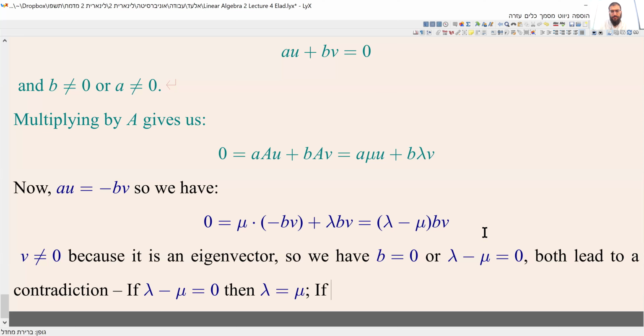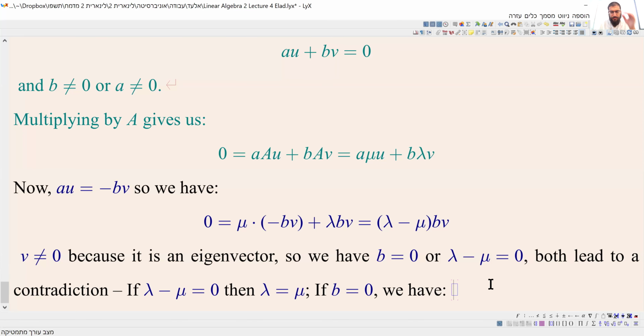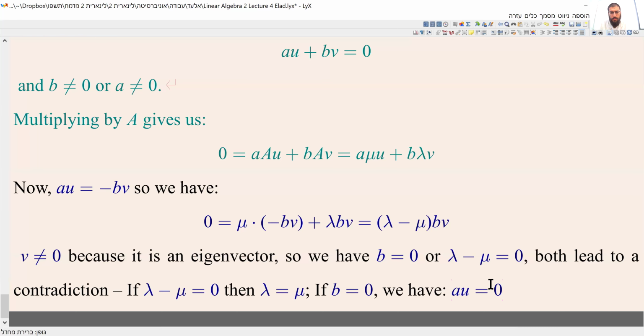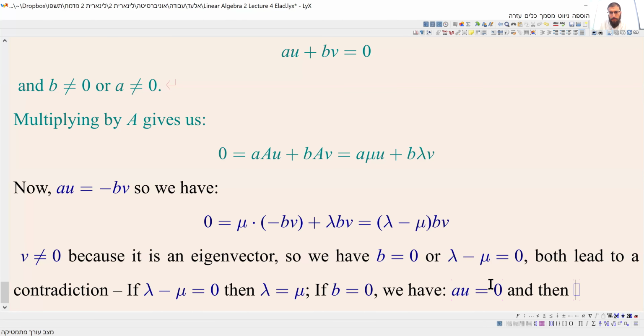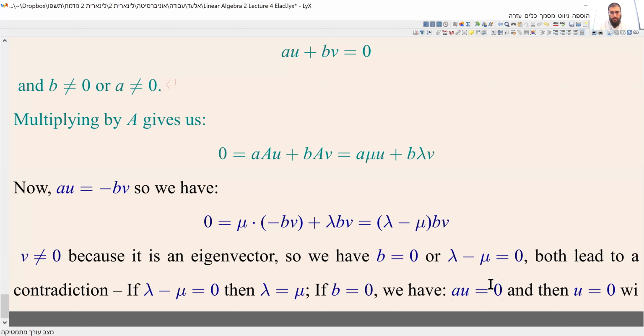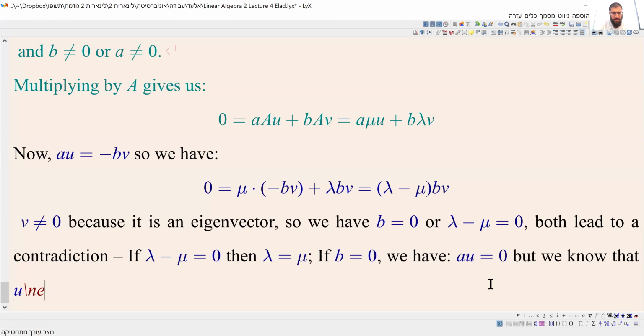If B is 0, remember that AU is minus BV. So we have AU is 0, and then U is 0, but we know that U is not 0.